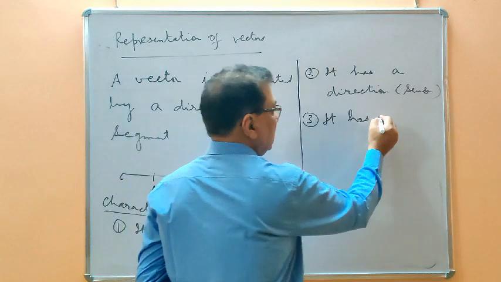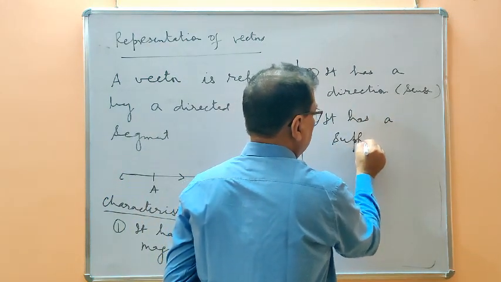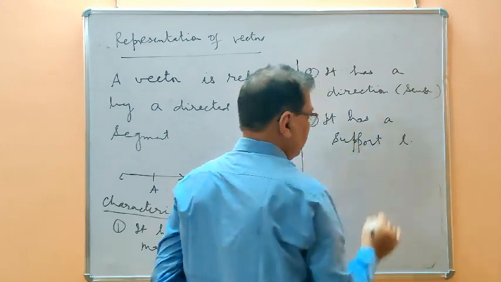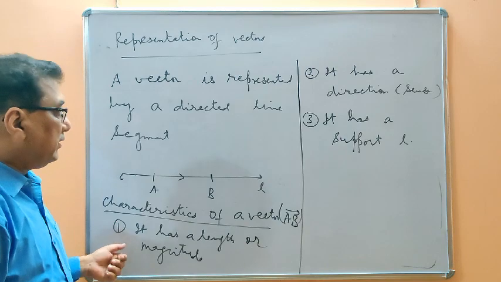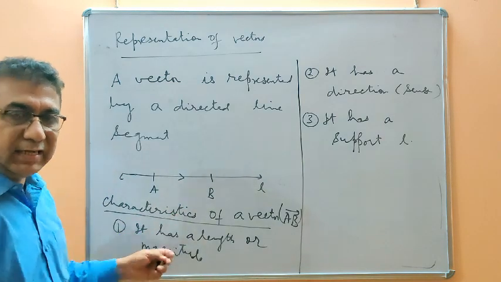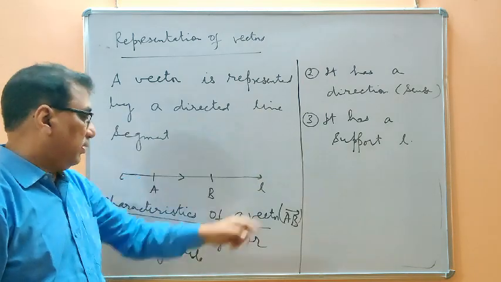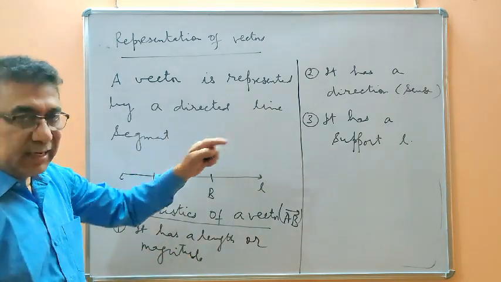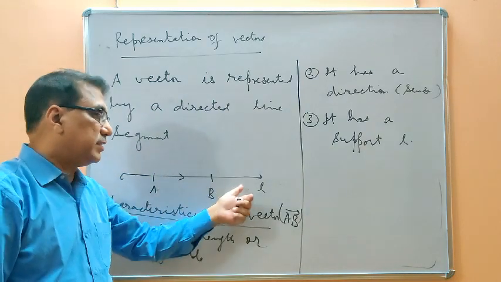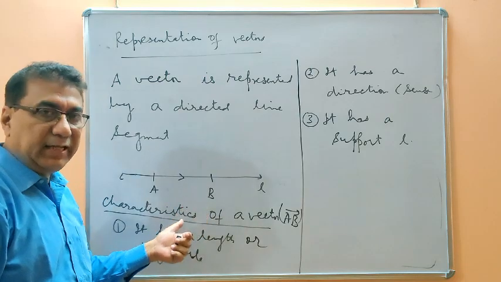So when we go for any vector and its representation, we get three characteristics: first, a length, that is magnitude; then a direction, sense; and then a support, which is L, whose part is this line segment AB.